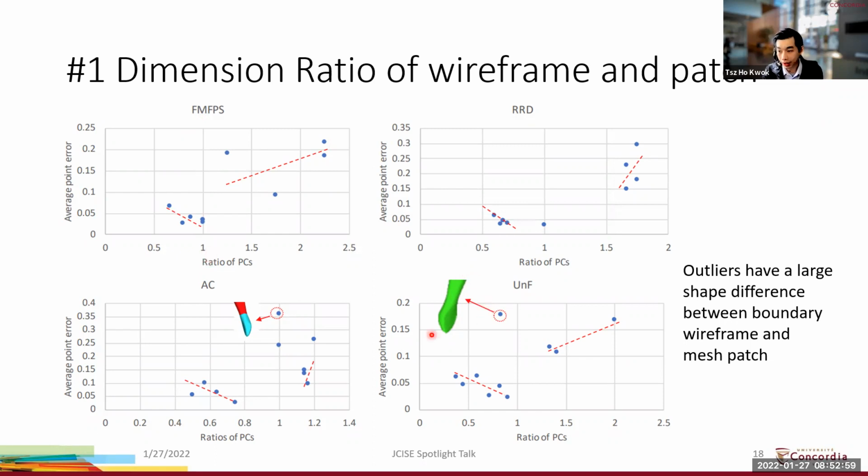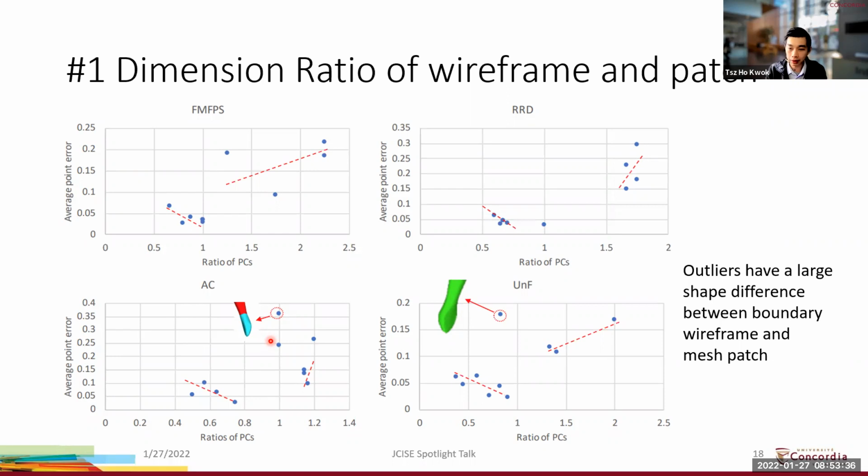Of course, there are some outliers, but when we plot them out, you see that these outliers are normally cases where one wireframe describes the whole surface, like this one, and they have a large shape difference between the wireframe and the mesh patch. So the result agrees with the hypothesis, but because of these outliers, the dimension ratio is not the only factor to be used to find an optimum wireframe generation method. The shape difference may also be taken into account.